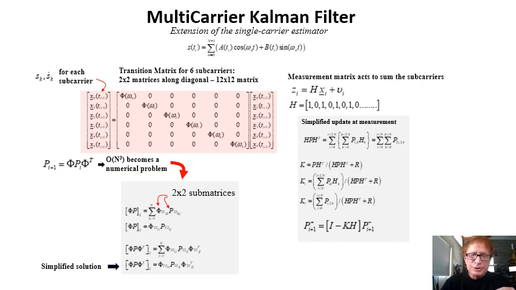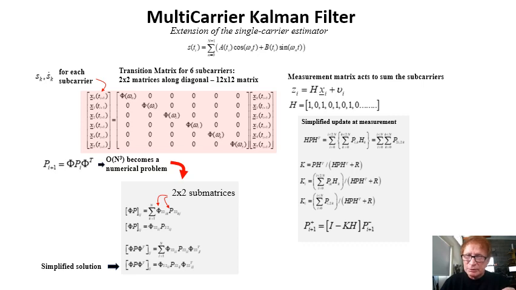These 2x2 matrices on the diagonal are identical to the transition matrix for a single carrier, but with a different frequency. For a 64 subcarrier system, the covariance matrix will be 128 by 128 elements.